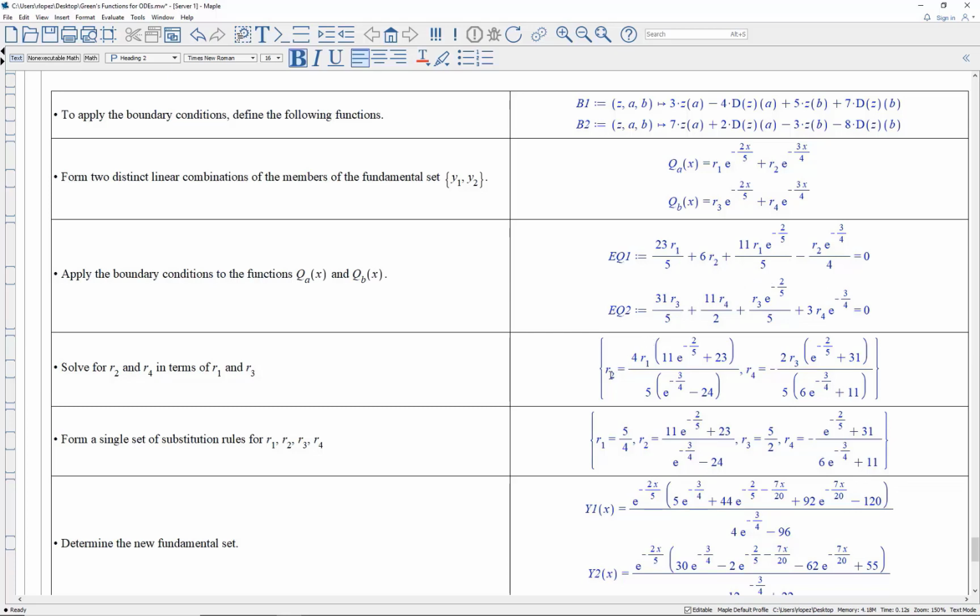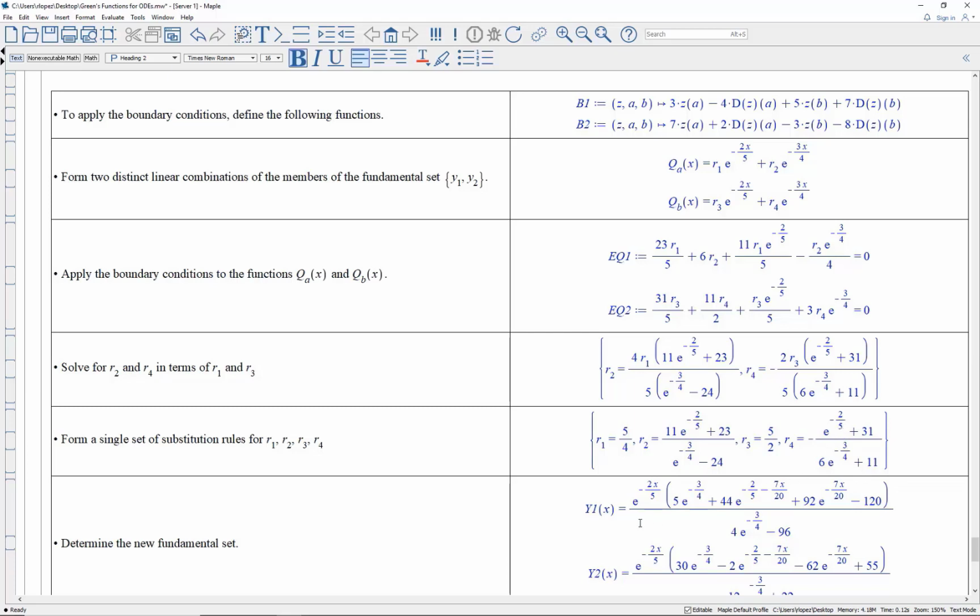I solved R2 in terms of R1 and R4 in terms of R3. And since there's some arbitrariness here in how you construct these two solutions, I have picked R1 to be 5/4, so this fraction will cancel out from R2. And I have chosen R3 here to be 5/2, so that fraction cancels out of R4.